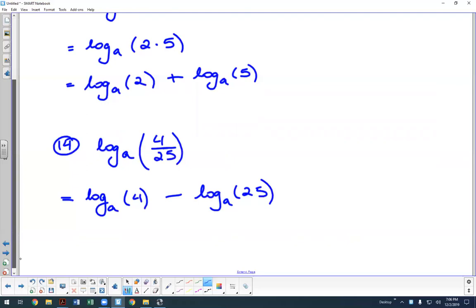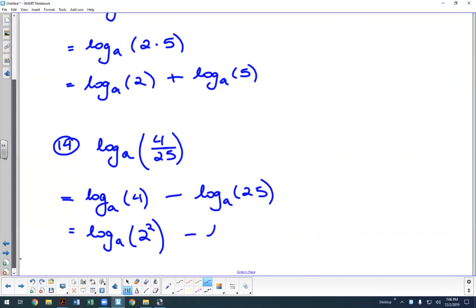So where are you getting the 3 from? Oh no, sorry, 2 is what I meant, like 2 log a. Yeah, so actually convert the 4 and the 25 into your perfect squares. So you can actually get 4 as 2 times 2, or basically 2 to the 2nd power.